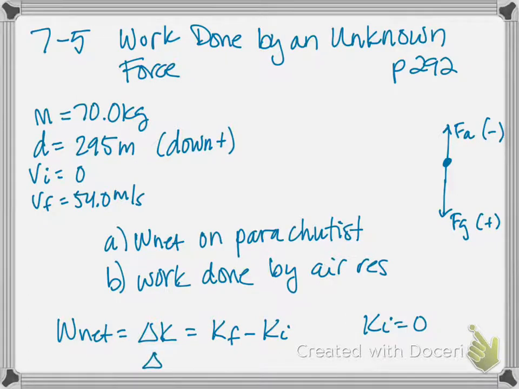So we know that the net work done on her is equal to her final kinetic energy. So we can find her final kinetic energy. It's just 1/2 her mass times her final velocity squared, which is 1/2 times 70 kilograms times 54 meters per second, quantity squared, 1.02 times 10 to the 5th joules.